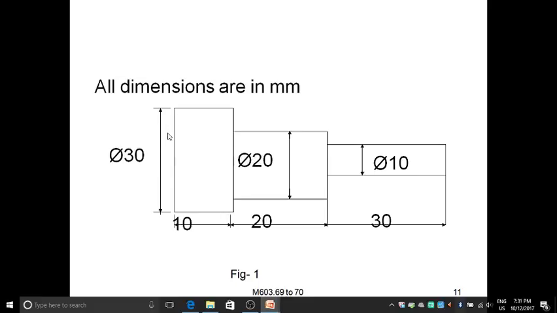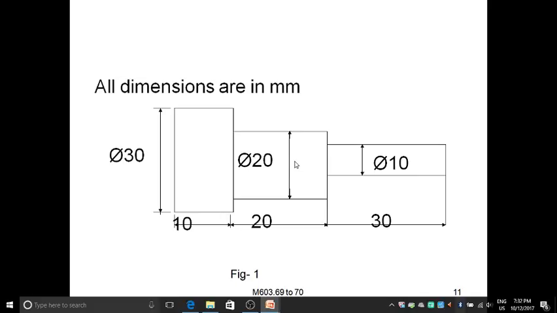You see here it is 30 mm and it is 20 mm, so the total difference is 10. So 5 mm front side and 5 mm back side, or otherwise you can directly take 10 mm length. So where these two cross sections are meeting, the length of the fin is 10 mm.